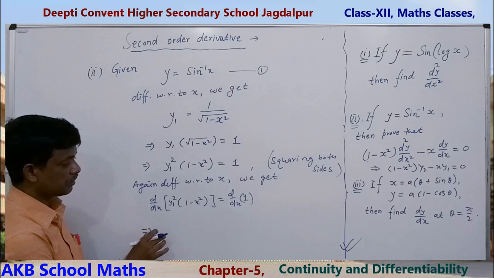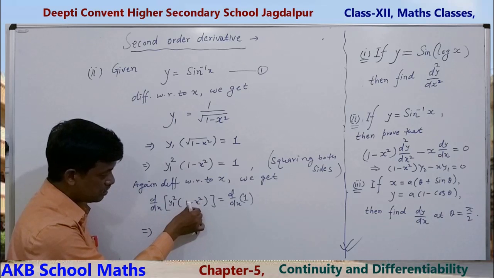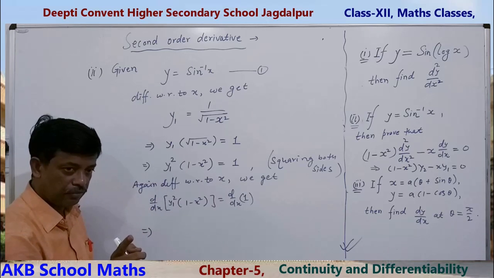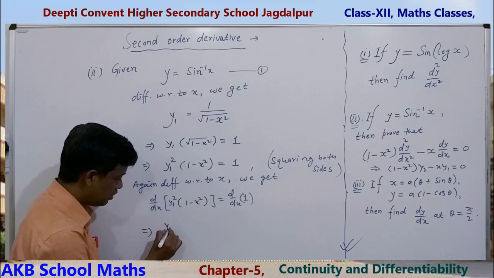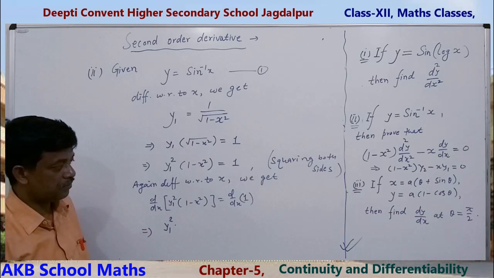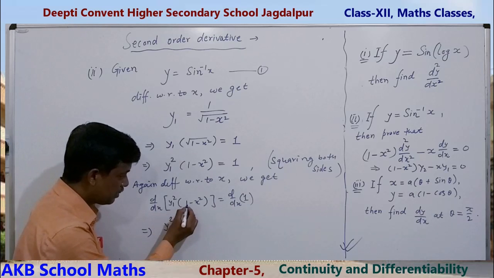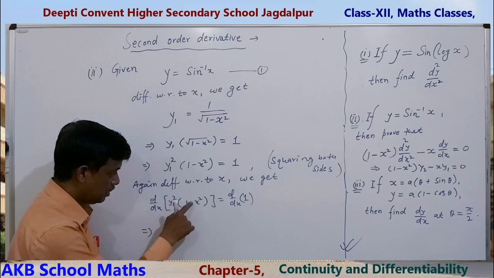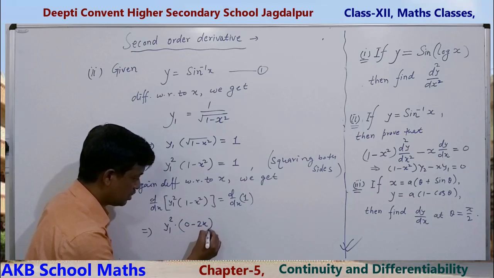So left side, here y1 square is one function, 1 minus x square is another function. First function, second function. So differentiate the first function, y1 square, keeping the second function, plus the first function times the derivative of the second function. Derivative of 1 is 0, of x square is 2x with respect to x.